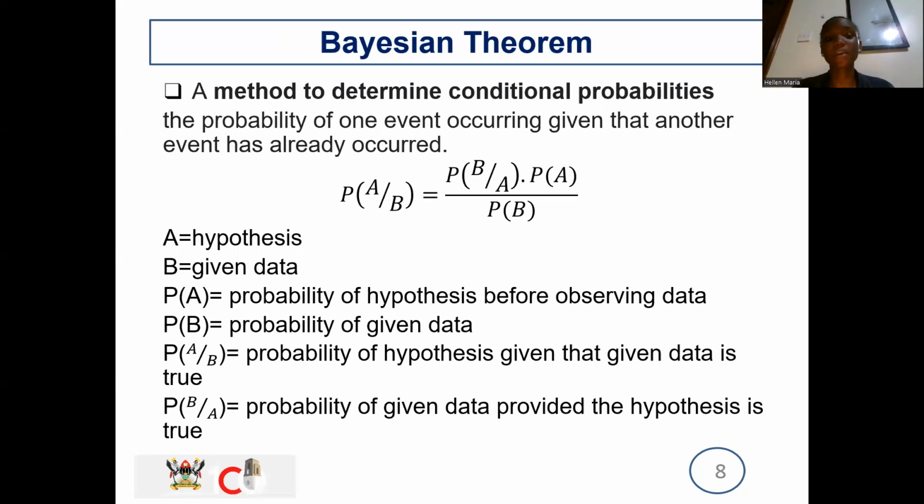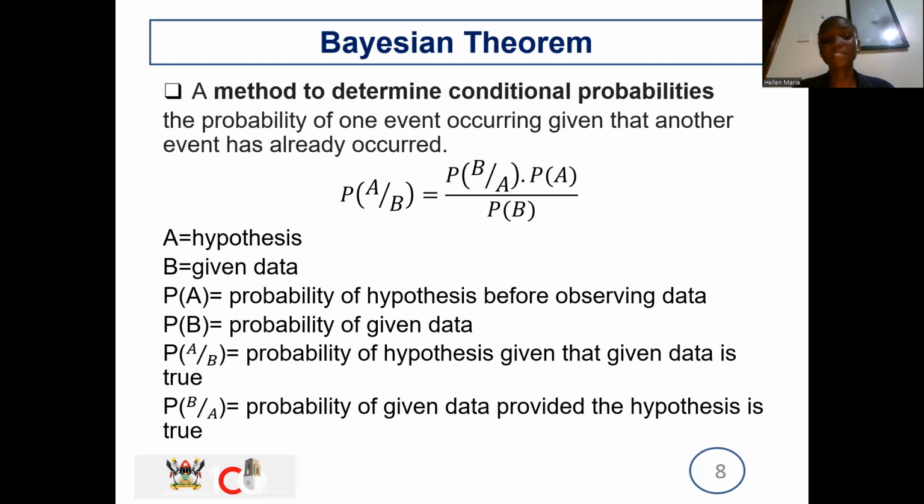This is its formula. We have the probability of A given B is equal to the probability of B given A times the probability of A, divided by the probability of B. So what is A? A is a hypothesis, what we do not know. B is the given data. Then probability of A, that's the probability of the hypothesis before we observe the data.